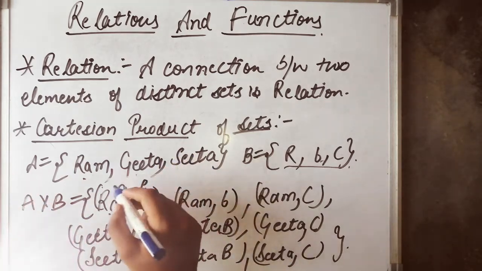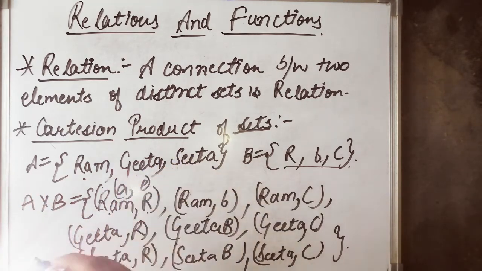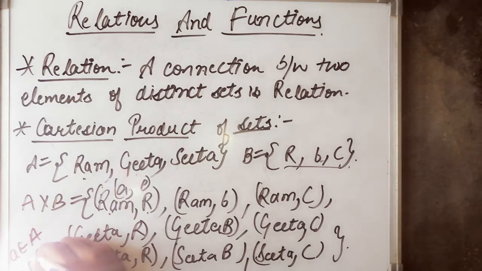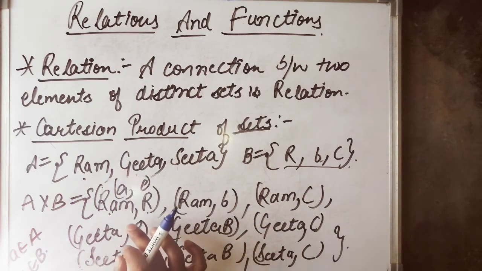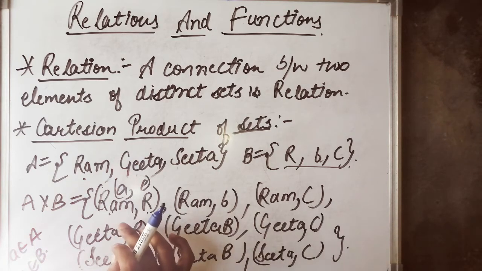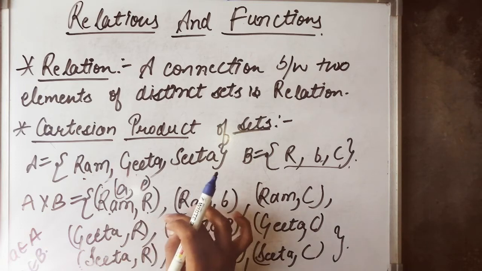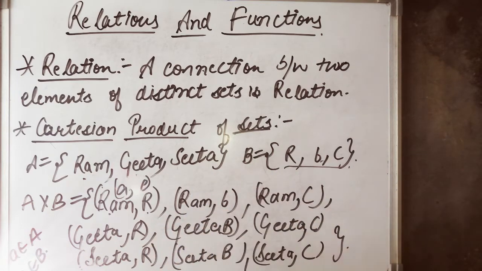A and e are imaginary elements where a belongs to the A set and e belongs to the B set. We have considered small a for the A set and e for the B set.